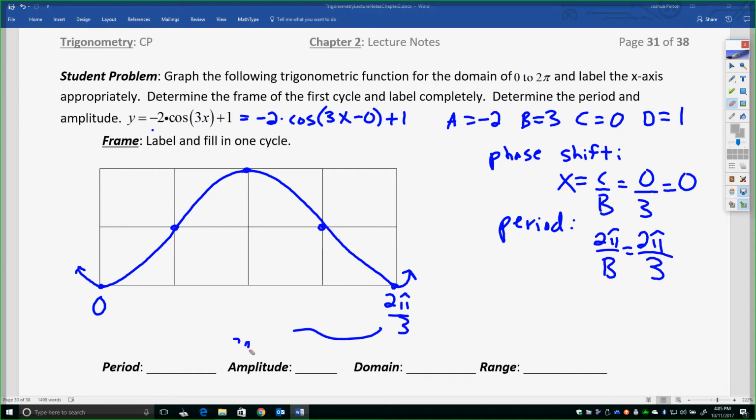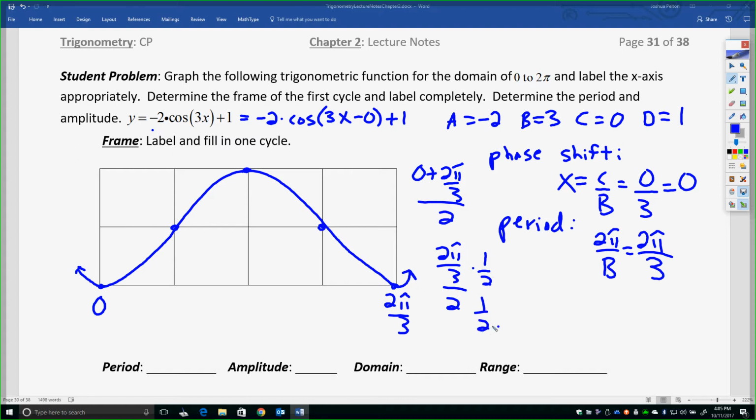So now we have to do a little math to figure out the ones halfway in between. So if they add them up, so 0 plus 2 pi over 3 divided by 2. So that's 2 pi over 3 divided by 2. Times it by 1/2 over 1/2. Cancels. So halfway in between is pi over 3.